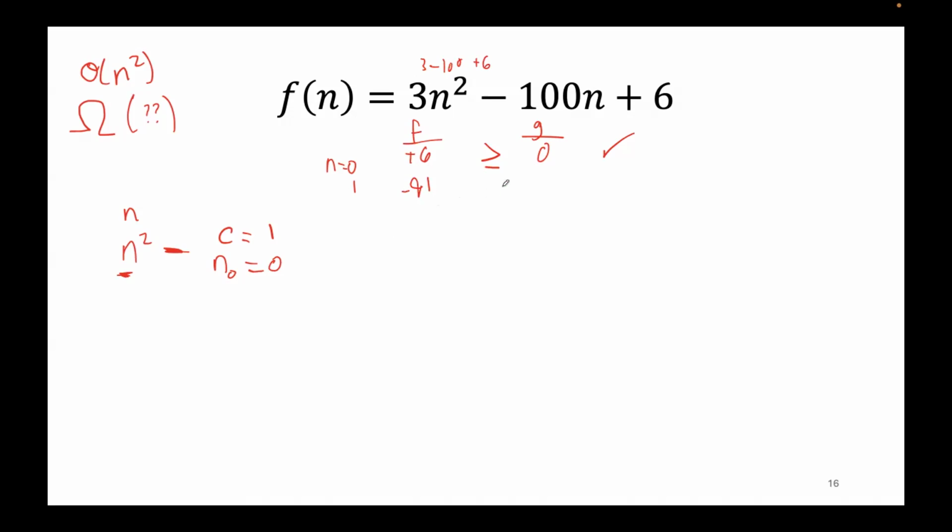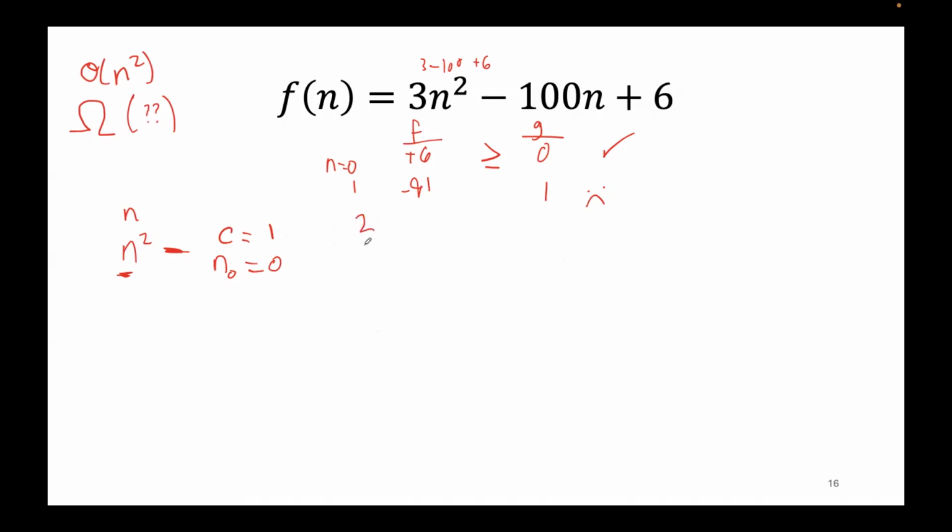And then for n equals 1, what does n squared give us? I mean, that's not the end of the world. Maybe n naught equal 0 is not where we want to start. Anybody have any ideas for what we want n naught to be?